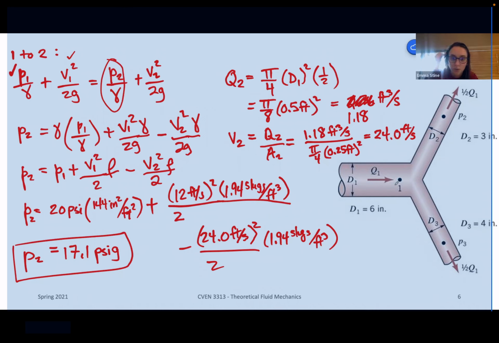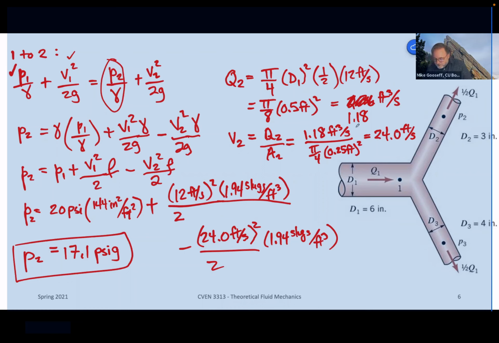Could you go over why, when you're solving for Q2, you didn't do V times A? You left out the velocity term. No, that's what I did wrong. Sorry. Okay, this should be Q2, so it's Q1 divided by 2, so this should have been 12 feet per second. Thank you for that.